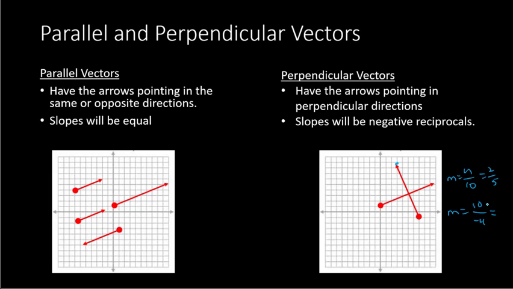So again, that can reduce. You're going to get negative 5 over 2. So notice the slopes are negative reciprocals. The one was positive, the other negative. The one was 2 over 5, the other is 5 over 2. So we verified that indeed perpendicular vectors will have slopes that are negative reciprocals of each other.